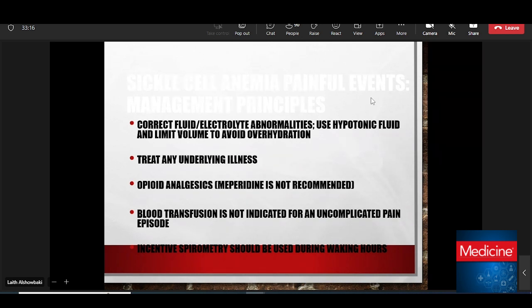If the patient is responding nicely to those three therapeutic approaches, then the pain crisis that he or she has is not complicated.